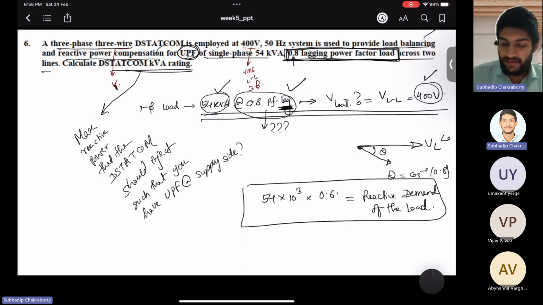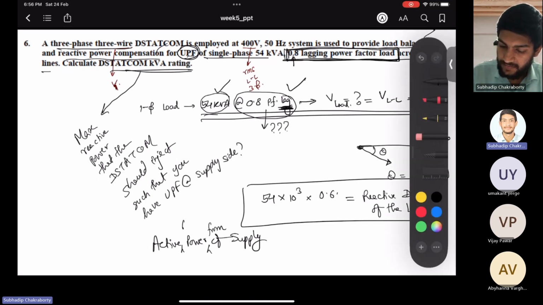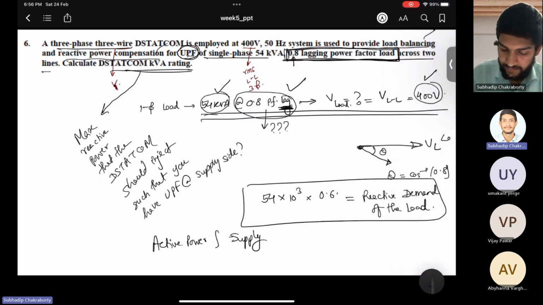That is, the active power of the supply side should be equal to, or I can write, active power from supply equal to active power of load. Agreed or not?